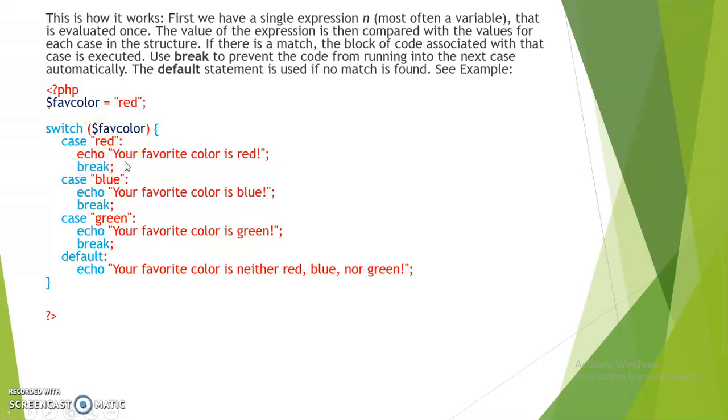In this case, our favorite color is red, which means the first one will execute and then it will ignore the rest, because this condition is met. But had this been here, it would ignore the first and execute the second one. So whichever is met, it will just execute and break, and that is all.